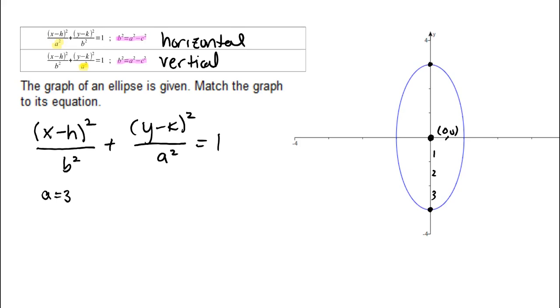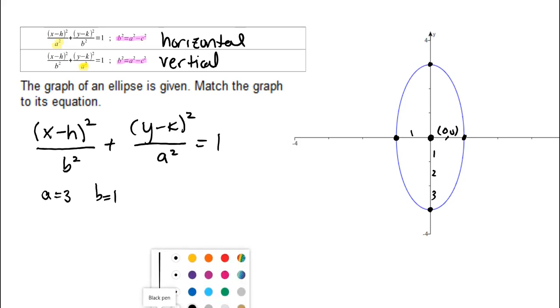And then going in the horizontal direction, we can see that that's 1 unit away. Our minor axis vertices are 1 unit away, so b is 1. And with that information, we can work out our equation.